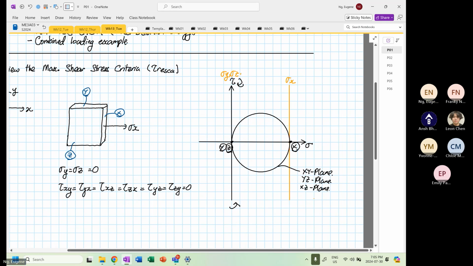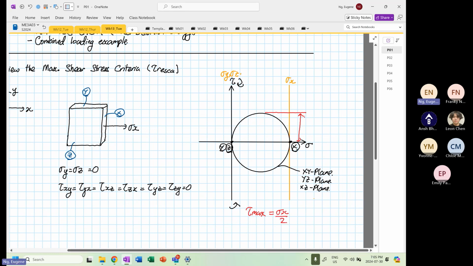Okay. So when that's the case, when we were to compute tau max, it's very straightforward. It's just basically equal to stress X divided by 2.